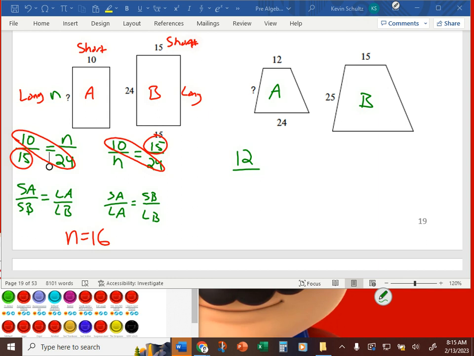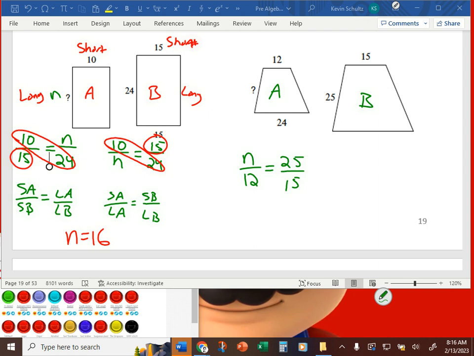Jolie? n over 12, and then 25 over 15. Okay. Josie set up n over 12 equals 25 over 15. That works, right? Because she went side of A over top of A equals side of B over top of B. Right? A over A, B over B.